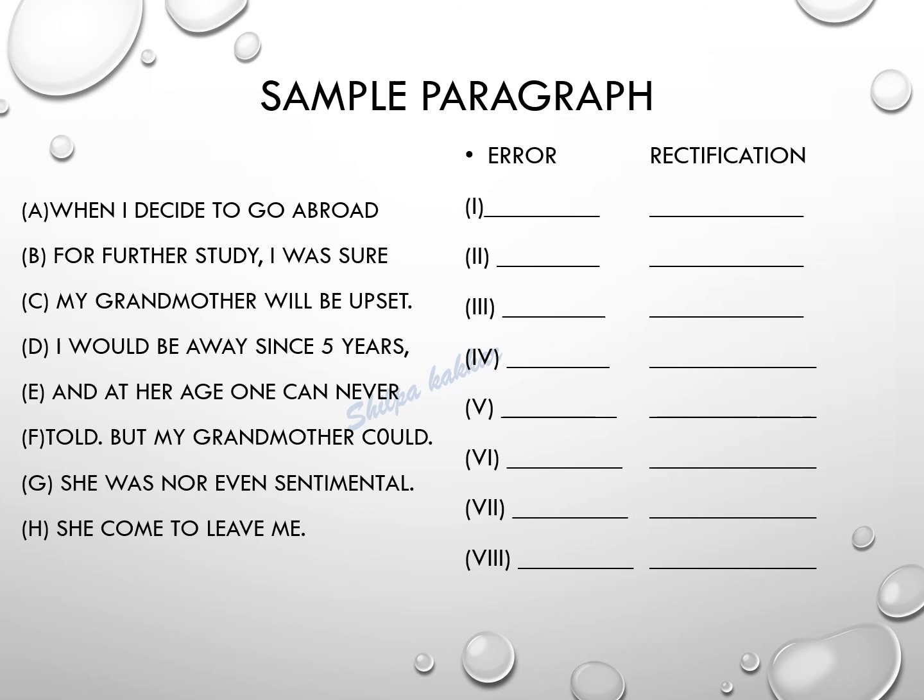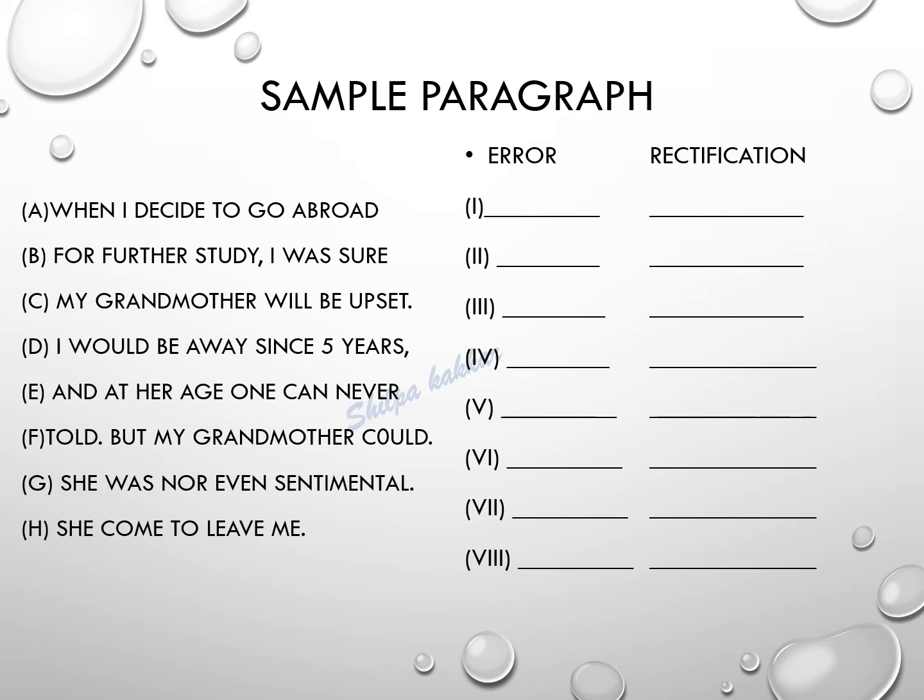But my grandmother could. She was nor even sentimental. She come to leave me. So this is the paragraph which is having mistakes. Each of the lines has one mistake. Let us find out the mistakes.